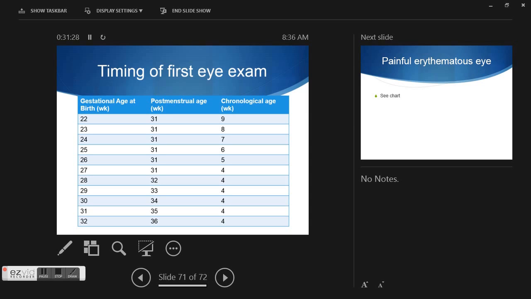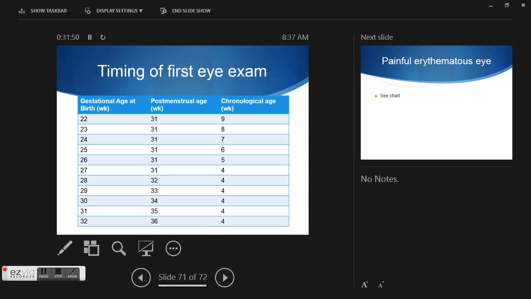So the timing for the first exam, you can see here on this chart that I made that most often if you're born between 22 and 27 weeks, you don't wait to screen until the baby is at 31 weeks post-menstrual age. Okay?